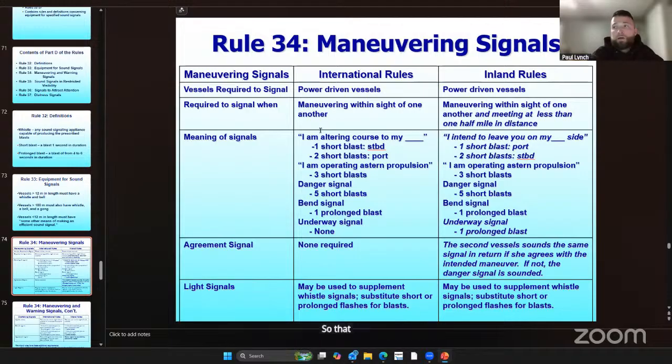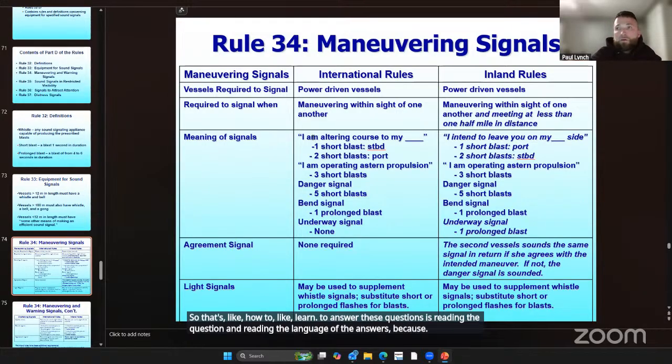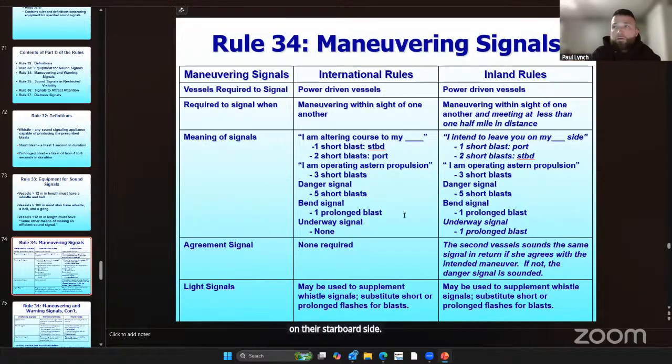That's how to learn to answer these questions: reading the question and reading the language of the answers. You could get a question in the practice book that says, if I am in international only and want to overtake someone on their starboard side, what would you sound?